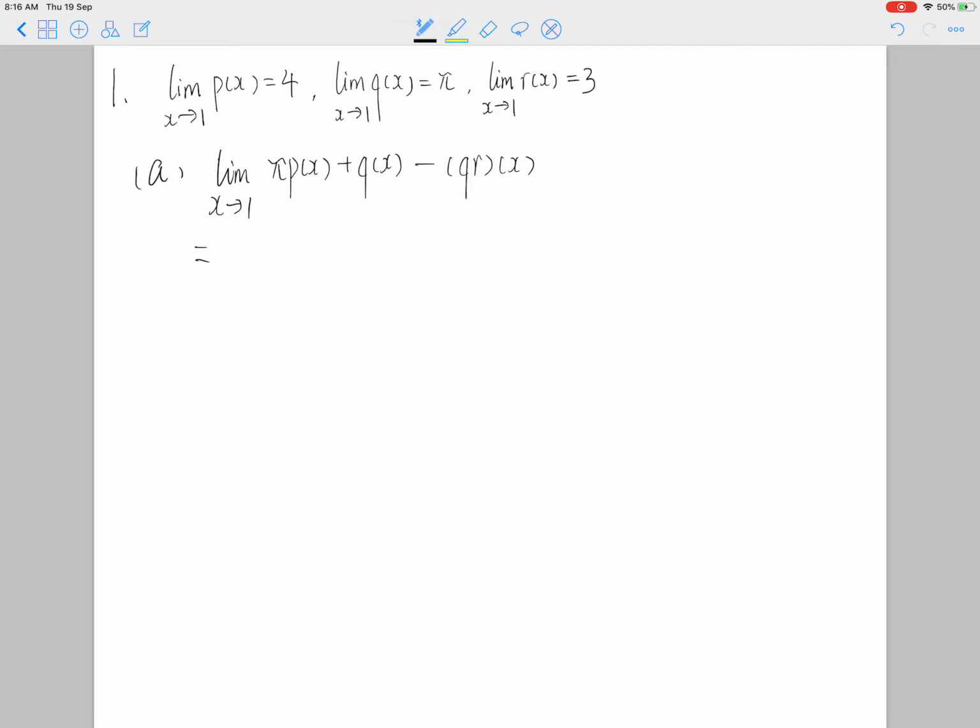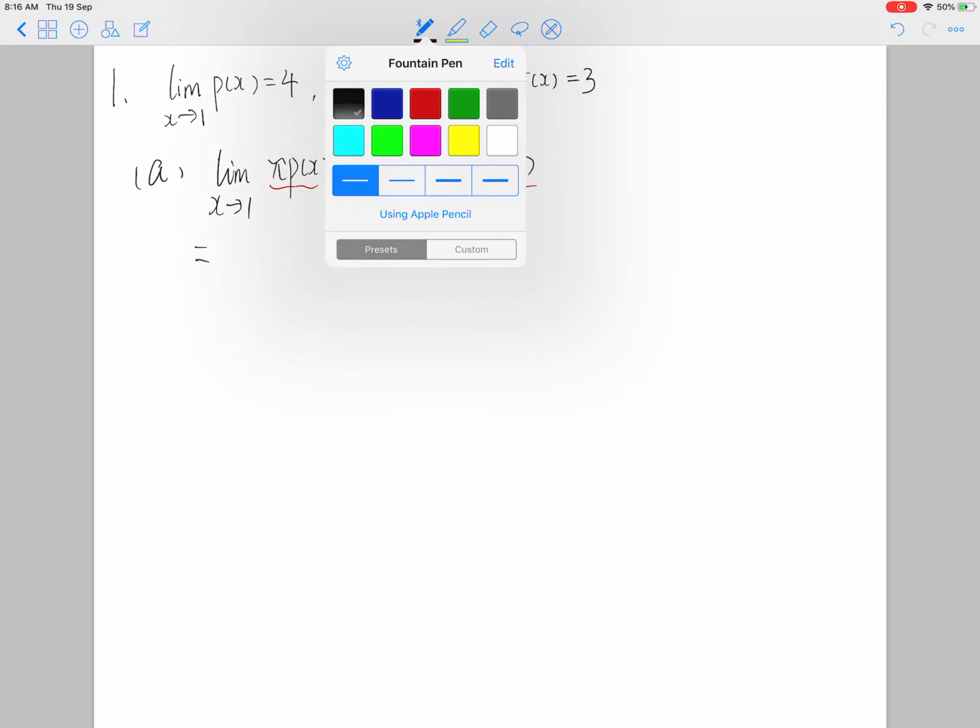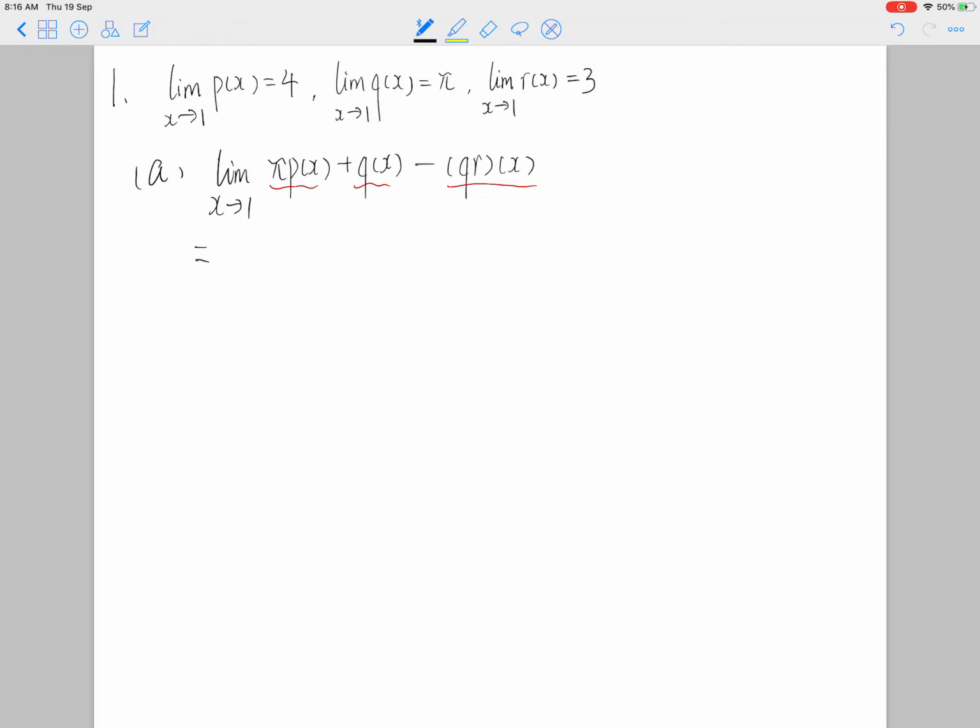Okay, first part, it's the sum of these three, right? And all these three limits should exist. Then the limit of the sum is the sum of the limits. Then for this part, the limit of a constant times a function is a constant times the limit.